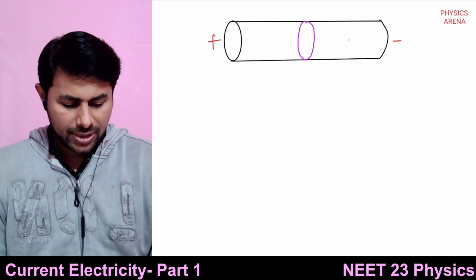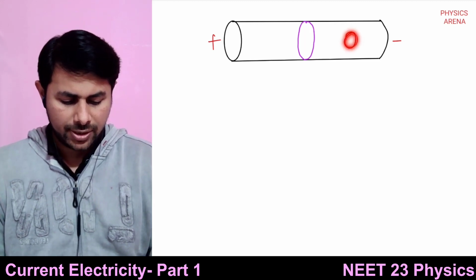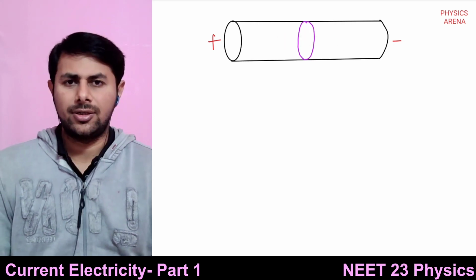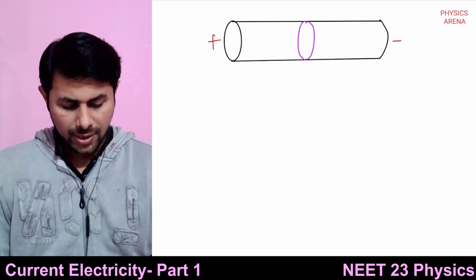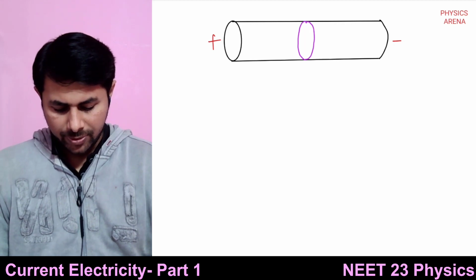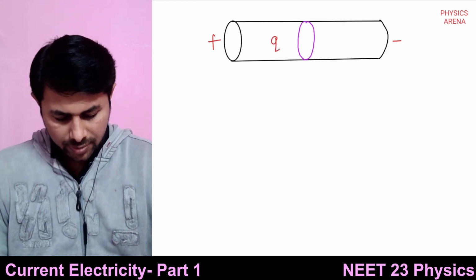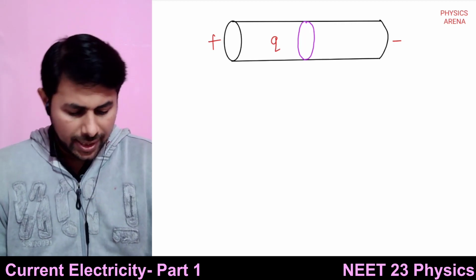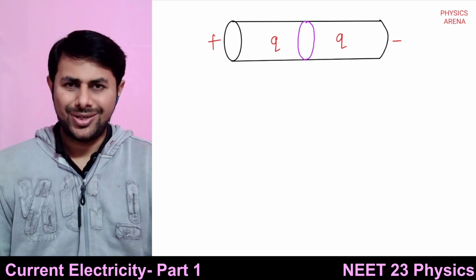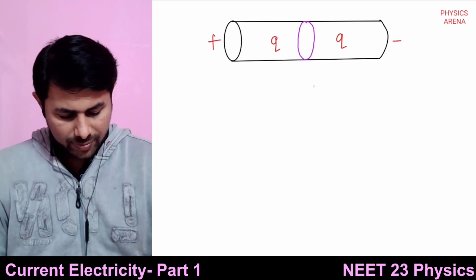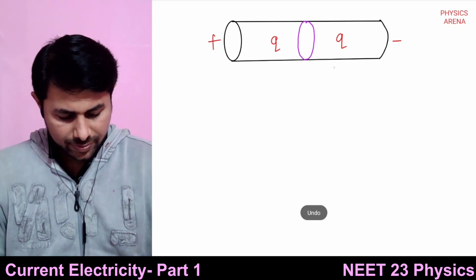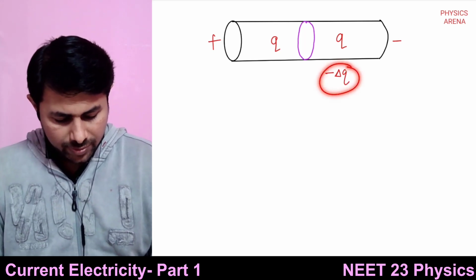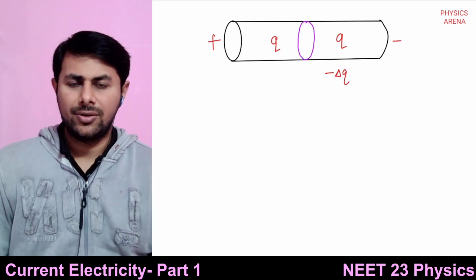Suppose some charge minus delta q moves from this region to this region, crossing this region. For example, suppose there is plus q charge here. What will happen?